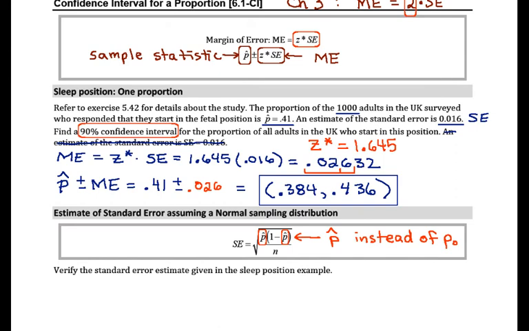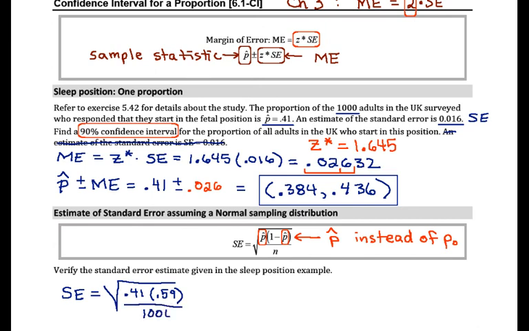So let's go ahead and verify that standard error estimate that we were given. This should be standard error equals the square root of my p hat, which we decided was 0.41, times 1 minus that, 0.41, which is 0.59, and then I'm going to divide by n, which is 1,000.